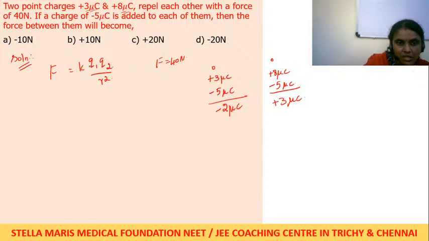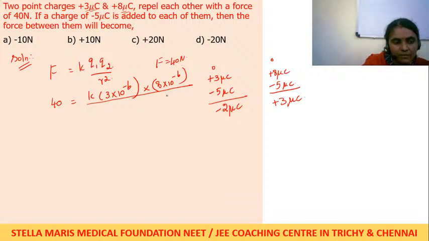we will substitute the given values here. So we know that force is 40, K value is K, Q1 is 3 into 10 power minus 6, because we know the unit for charge is coulomb, but here it is mu C, so for mu I substitute 10 power minus 6, into, for Q2, 8 into 10 power minus 6, divided by r squared.